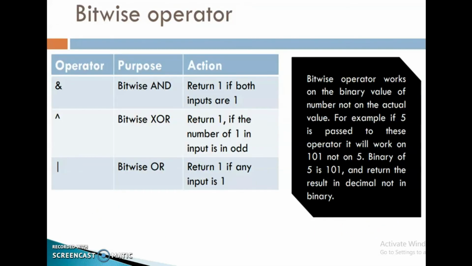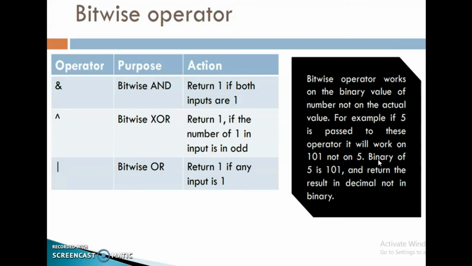Then next one, bitwise operator. Bitwise operators work on the binary value of a number, not on the actual value. For example, if 5 is passed to this operator, it will work on 101, not on 5.